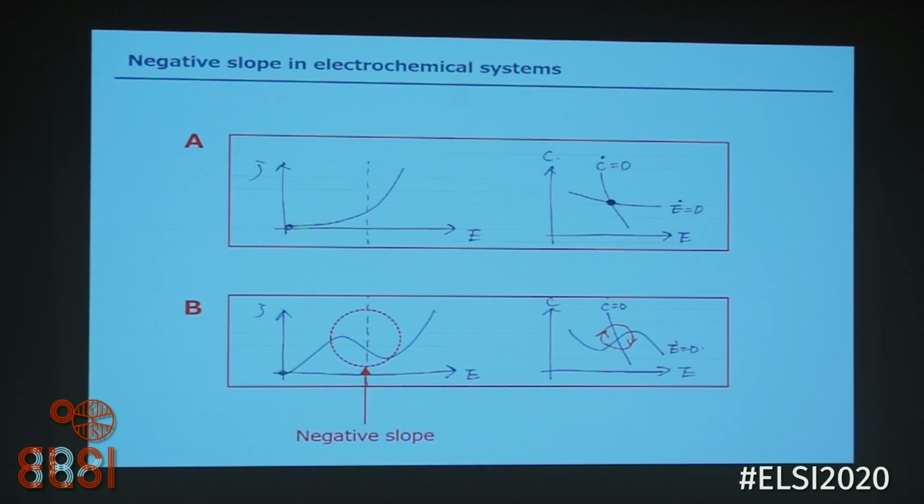In electrochemical systems, the current density generally increases with increasing the overpotential, right? However, in some cases, the slope can be negative. And in this case, as I have explained, we have a chance to get oscillation. So the question is when such a negative slope can be obtained in an electrochemical reaction.